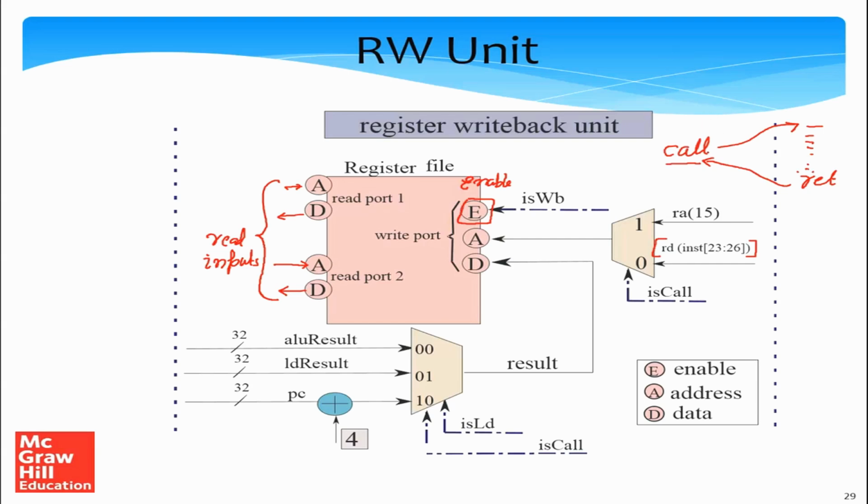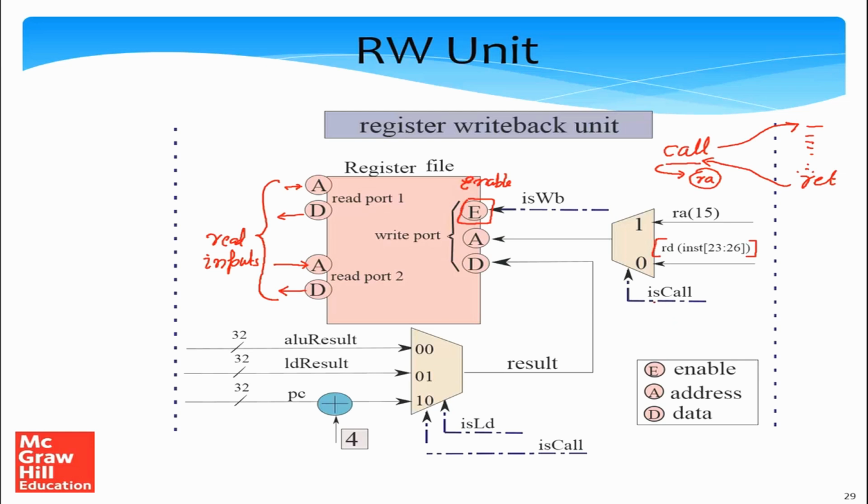So when we call a function, we are supposed to write the return address into the RA register, or R15. The call instruction is associated with a register write because the return address, which is the address of the next instruction after the call, needs to be written into register R15 or RA. Thus the register write is involved.